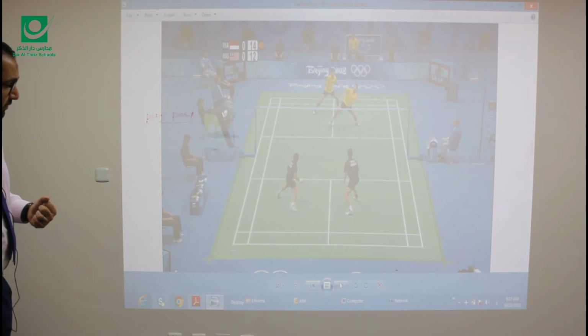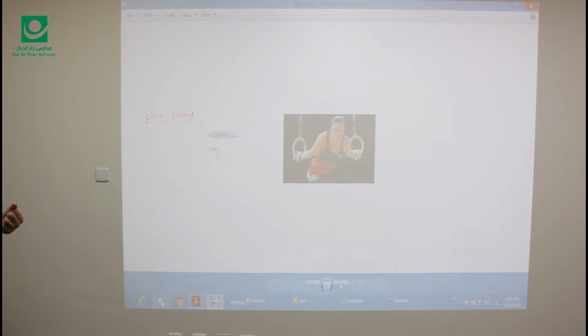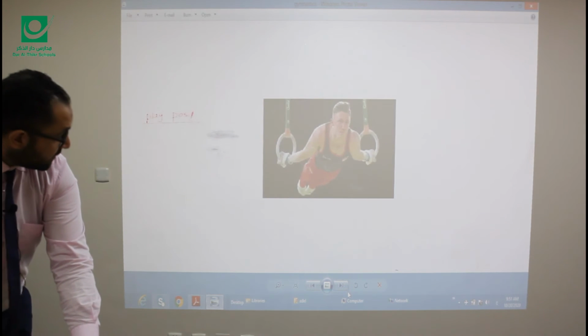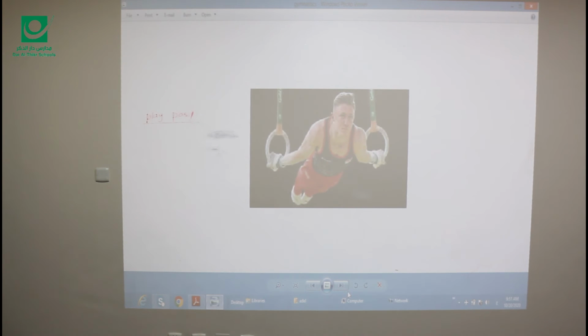Also, we have another one. Look at the guy here and how muscular he is. Yes, this should have great agility and hard work as well. What type of sport is this? It's an Olympic sport, and it's more popular for women than men.